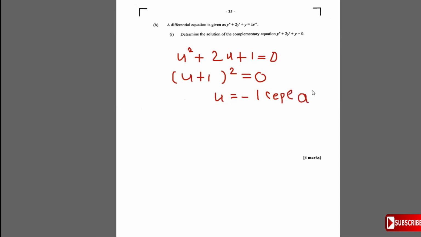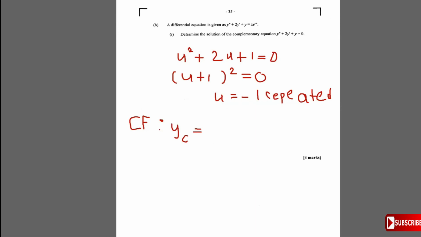Now since u is equal to minus 1 repeated, the complementary function is given by, I like to call it yc, and yc is equal to, let me write it how we're used to seeing it.